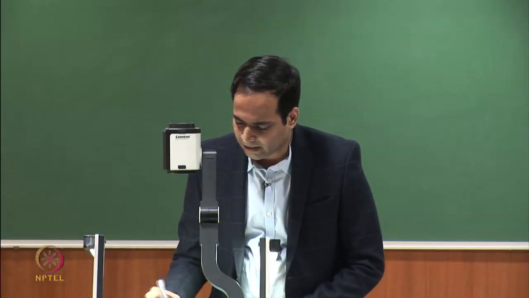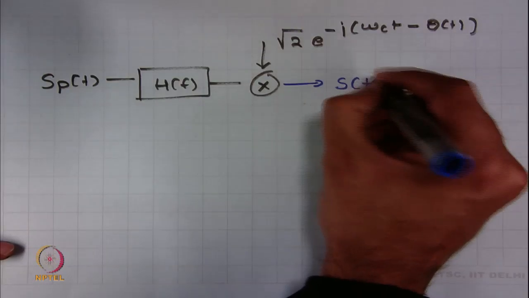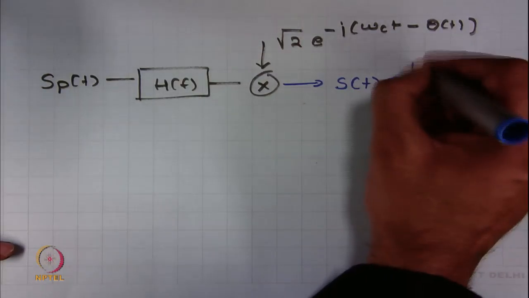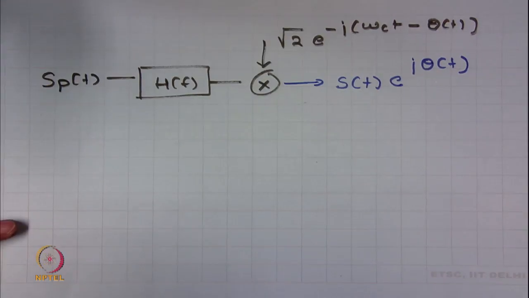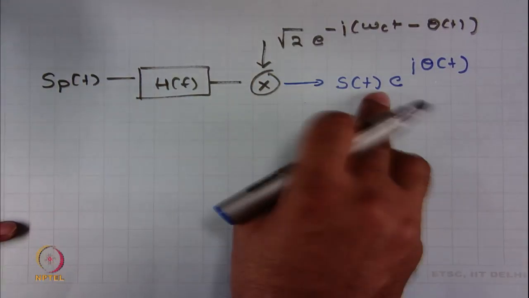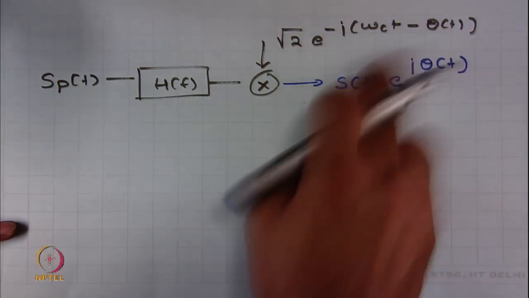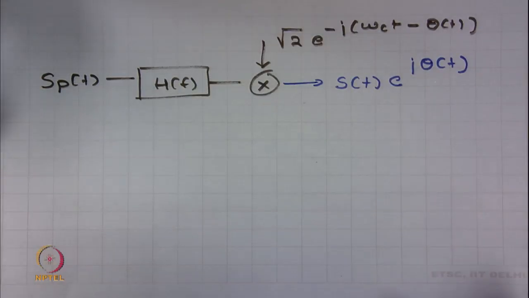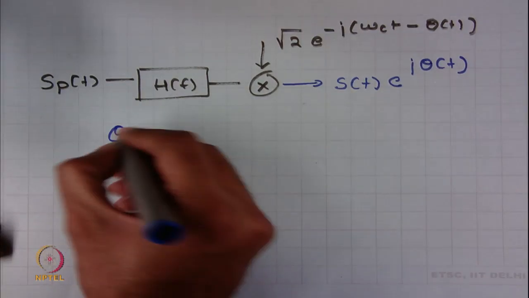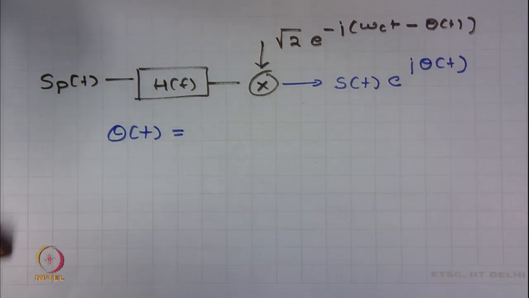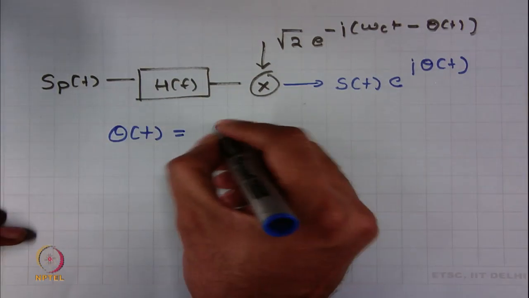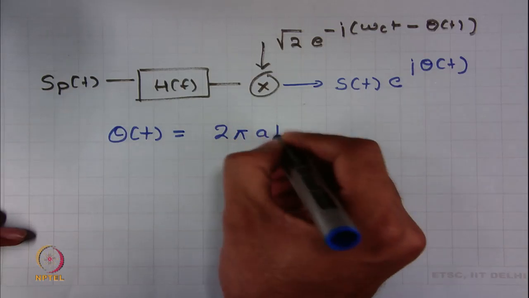If you do some maths, you can quickly see that the output that we will get in this case is S(t) e to the power j theta(t). Okay. So, what we are getting is not S(t), but S(t) multiplied by this complex exponential. Let us see what can be a typical example of theta(t). Let us take theta(t) to be 2 pi a t plus b.